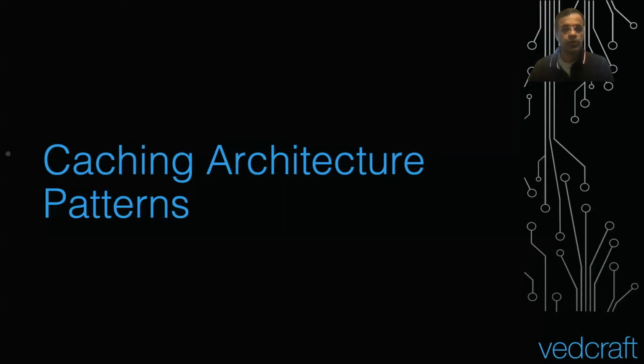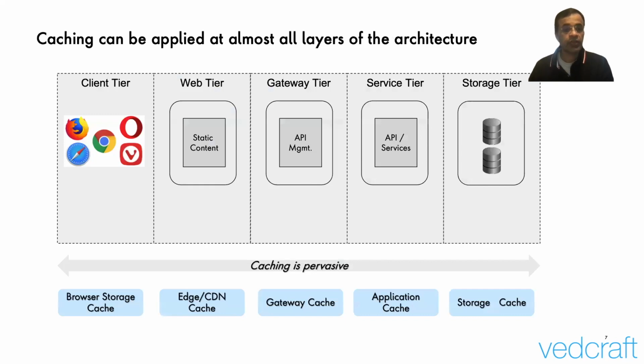So let's look at some of the caching architecture patterns. Caching, as you know, if I apply it into a layered architecture, you can apply it virtually at any tier, whether it's client tier, web tier, gateway tier, service tier, or storage tier. There are definitely different technologies which you can use at each tier.